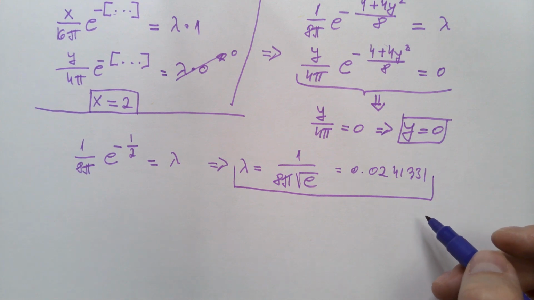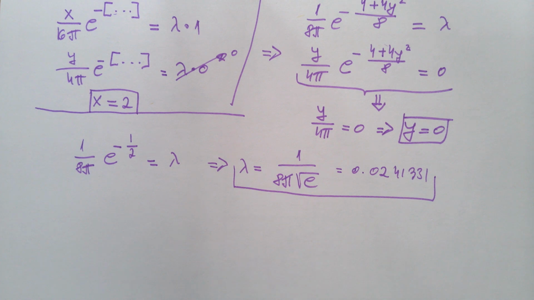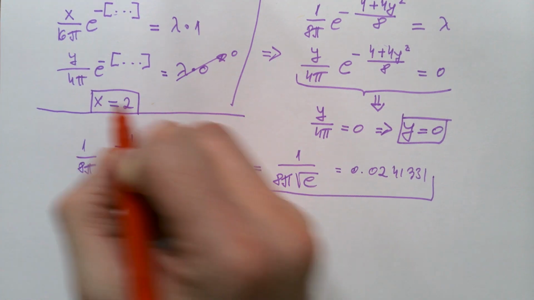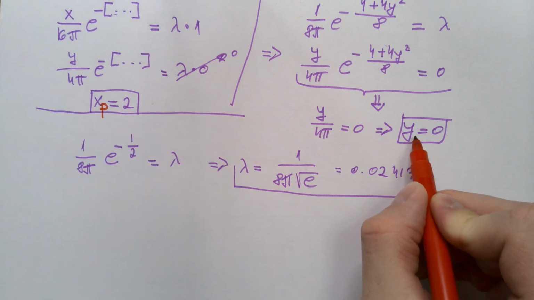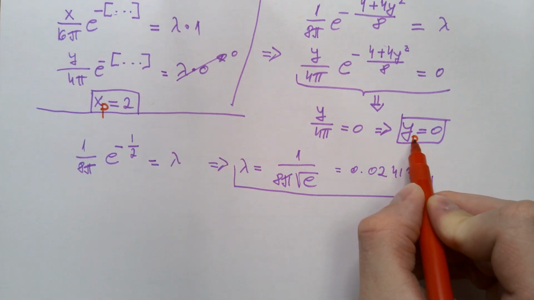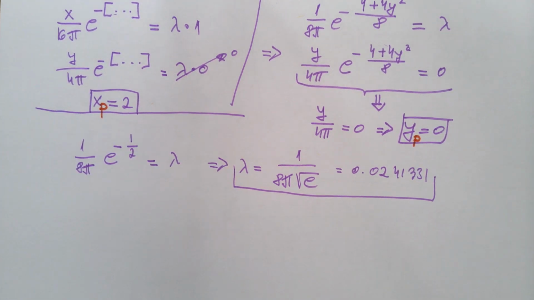What is extremely important, of course, to recognize at this point is that these x and y, as we mentioned before, are the values of our independent variables that we called peak values. The values where the gradients of the objective function and constraint function are proportional.